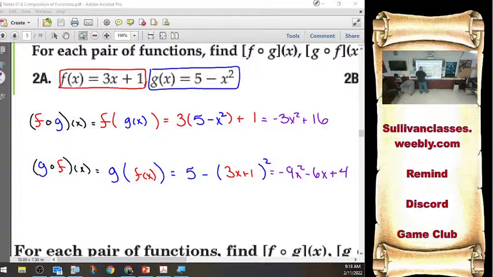Exponents come before multiplication. Do not try to distribute a negative 1 in there, because if you try to take a negative 1 times this, it's squared. You just applied a negative 1 to both of the factors.